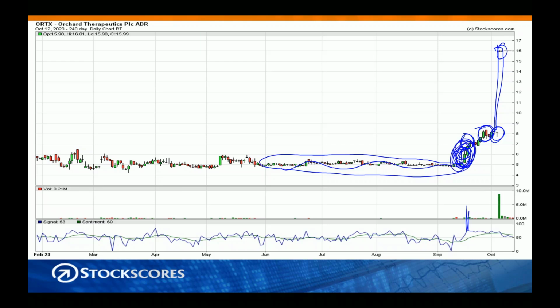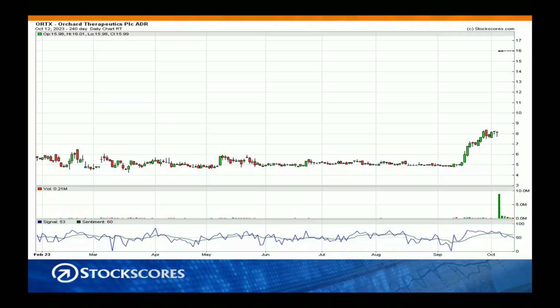Just like there in the middle of September when ORTX made that price jump, that was because someone believed that this stock had great potential to go higher. And we don't have to know anything about what these companies do. To me, they're just symbols. But what we can trust is that the people who know the most are going to act in the market and they're going to leave a trail for us to follow. And so that makes it, as I discussed yesterday, really, really important to follow abnormal activity.